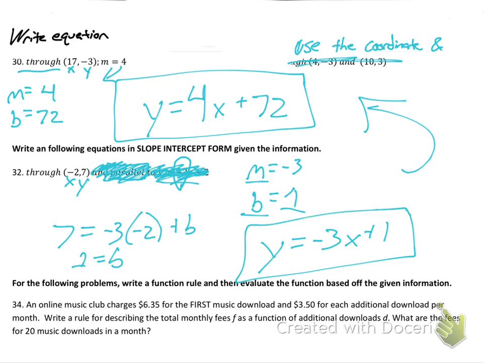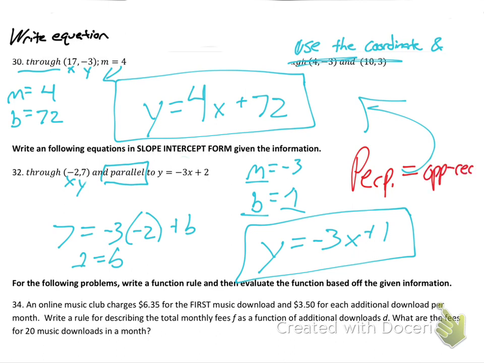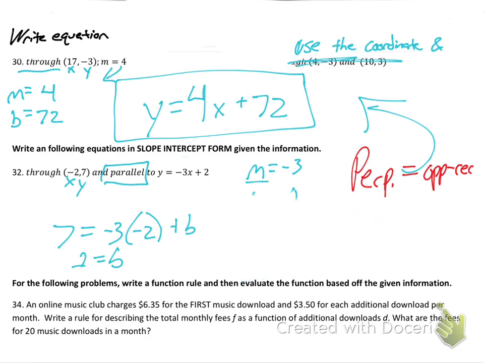Now keep in mind, if this right here said perpendicular, you need to do the opposite reciprocal. Okay, so perpendicular is opposite reciprocal. I'm sorry, I don't have enough space to write that out. But what that means is, if we found out that we need to have it perpendicular to that equation, right?